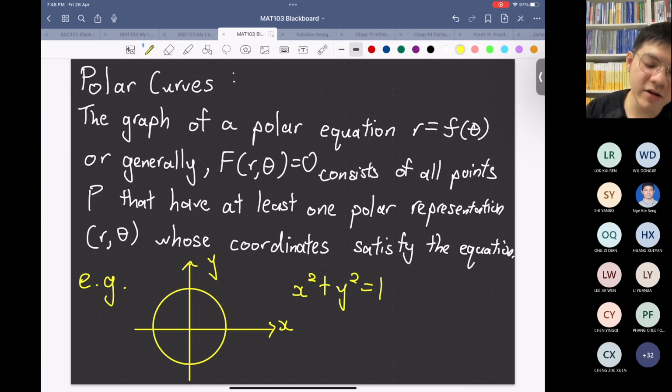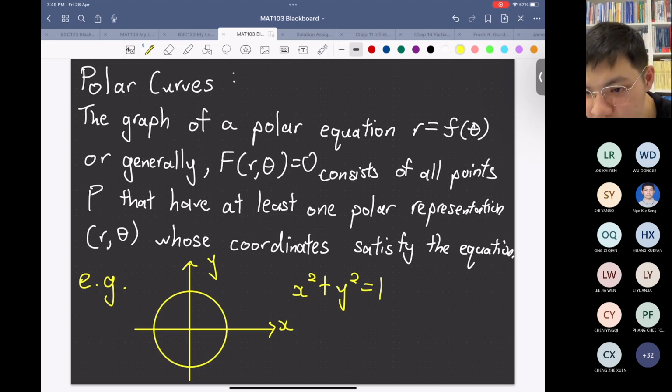But if we consider polar coordinates, this curve can become a function. Anyone can see what function we can define using r and theta? Ying says correct, good. Anyone can see what kind of polar equation we can get from this unit circle?